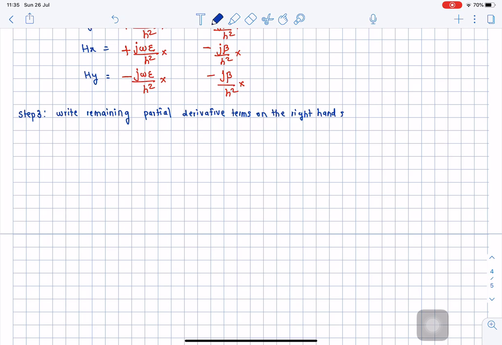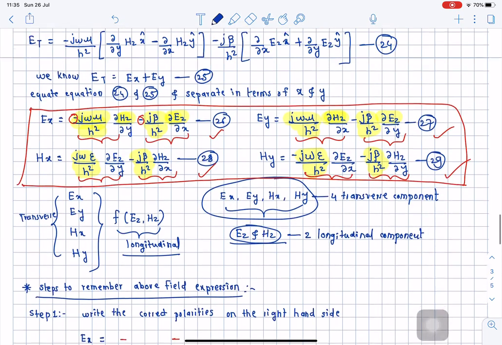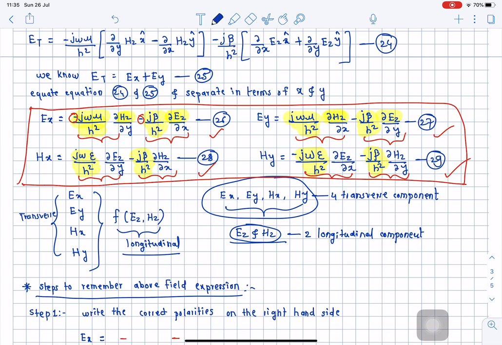What is the partial derivative term? You again observe equations 26 to 29. The partial derivative terms are these, which I am highlighting right now. So you need to write these terms.